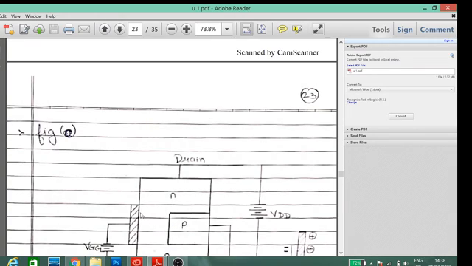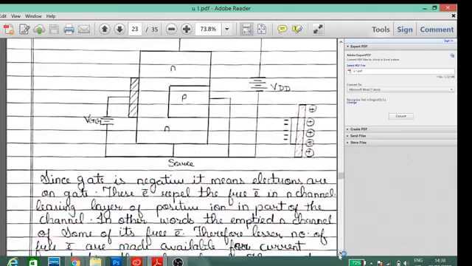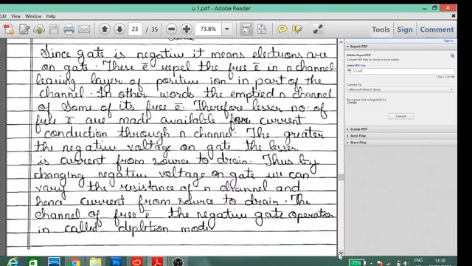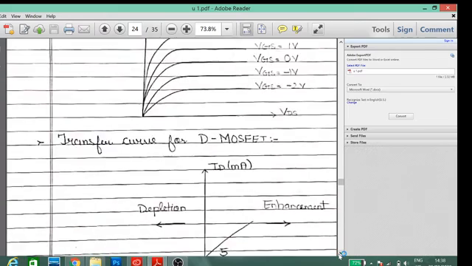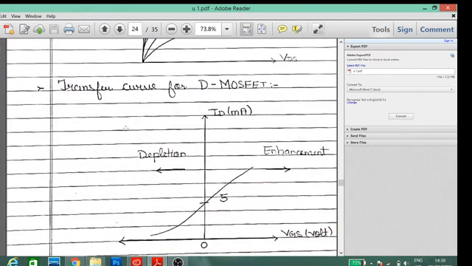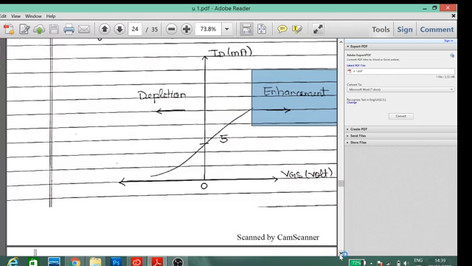The width starts increasing in the channel and more electrons are able to flow since the channel width increases. Transconductance curve of the metal oxide: depletion region and enhancement region of the D-type metal oxide semiconductor field effect transistor.